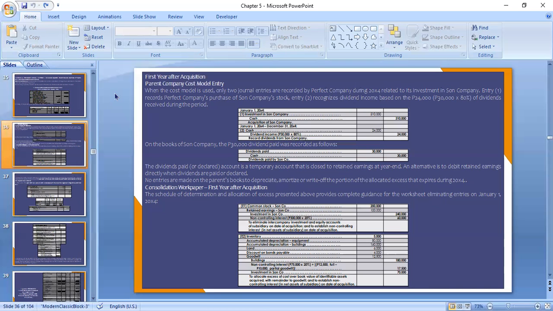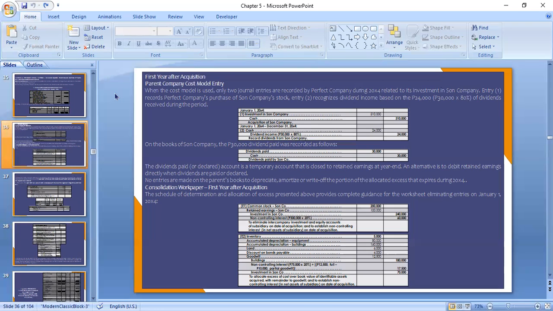So the first entry of the parent is to debit the investment in Sun, 310,000, and credit cash. Second entry is to record the dividends received, cash dividend. So the entries are to debit cash and to credit dividend income.